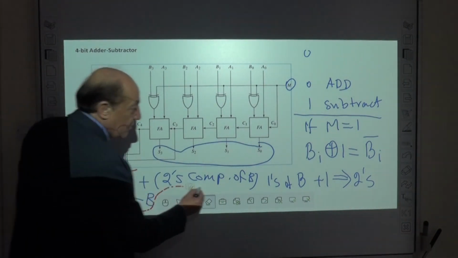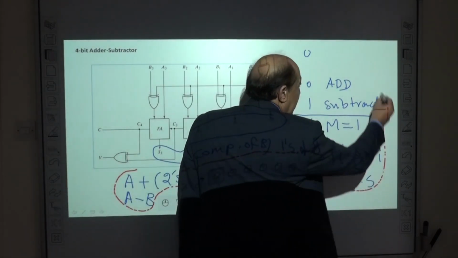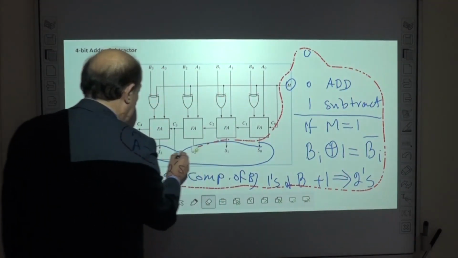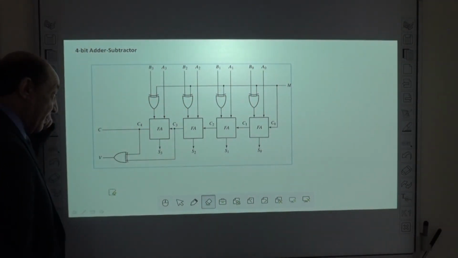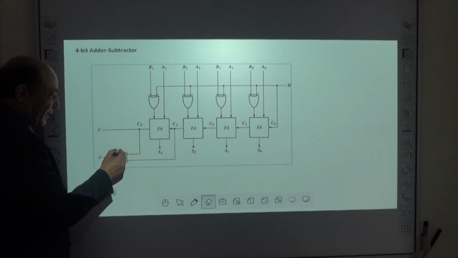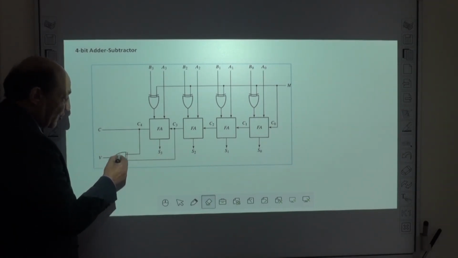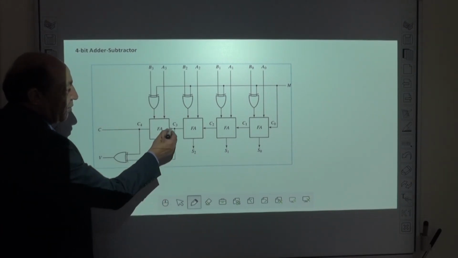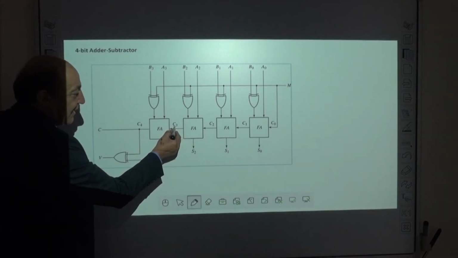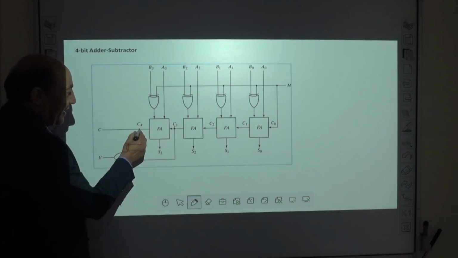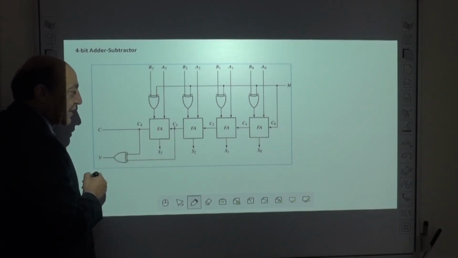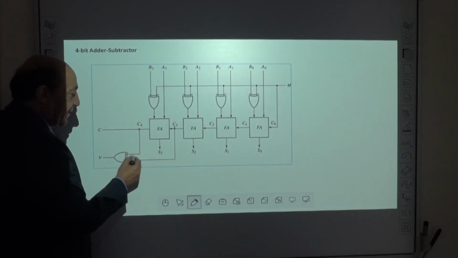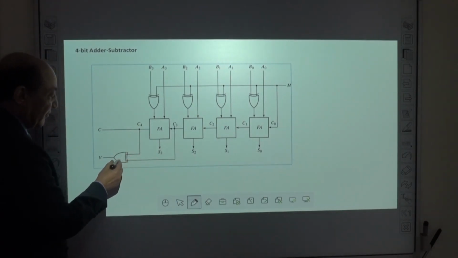The last thing here I'd like to mention, what is this gate, exclusive OR gate. You see, we have the carry to the last stage and the carry from the last stage. These carries are exclusive OR.